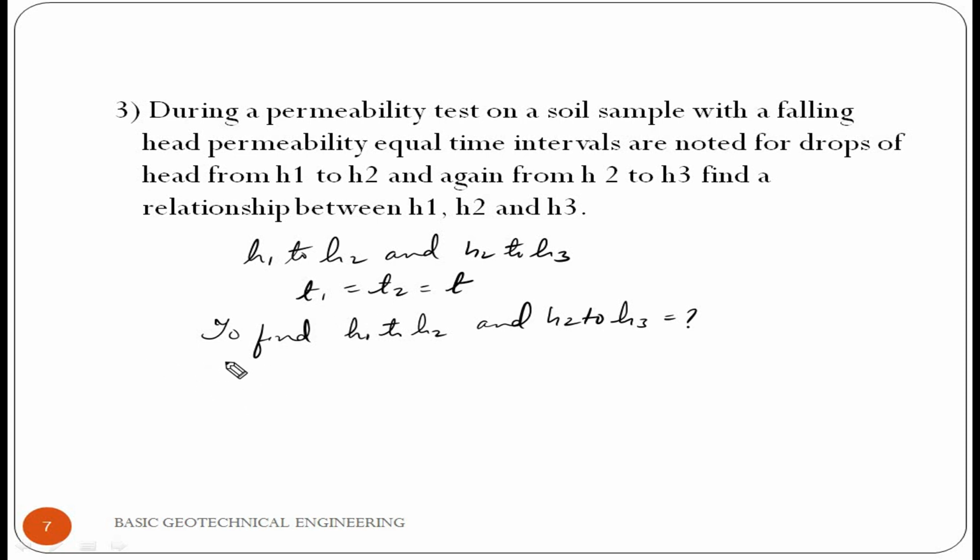So it's a falling head permeability test. So the equation for the falling head permeability test is 2.303 aL divided by A t into log to the base 10 H1 by H2.